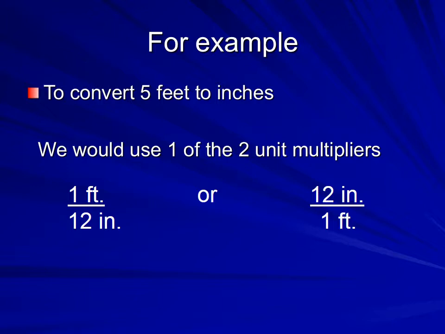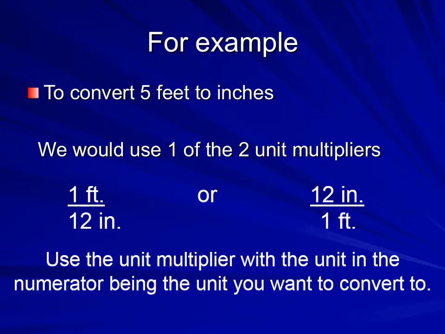Since I am converting to inches, I want the multiplier with the inches on top in the numerator. So read the question, see what you're converting to, and that has to be the same measure in the numerator.